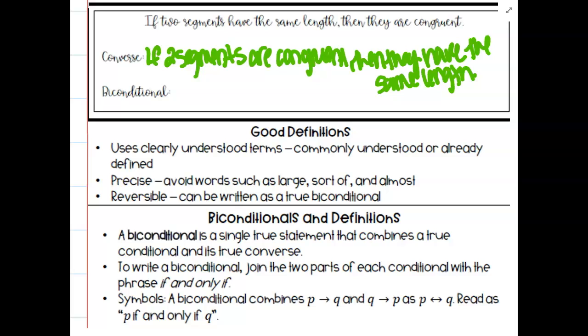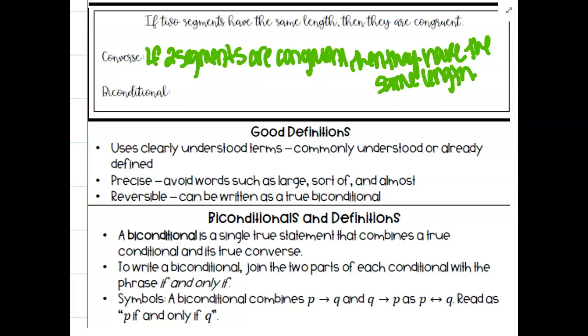Now, if you can write that as a biconditional, that also has to be true. If two segments are congruent, will they always have the same length? That's kind of what congruent means, right? So yes, it's true. To write the biconditional, you might have to reword it just a little bit.